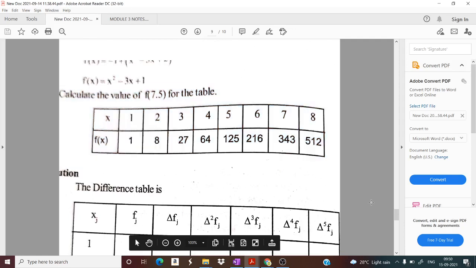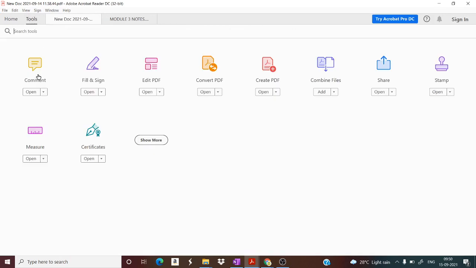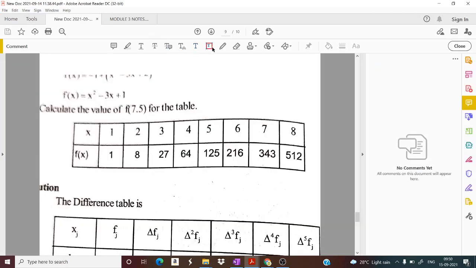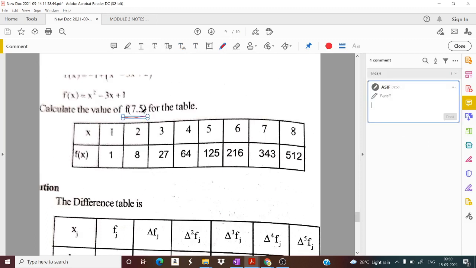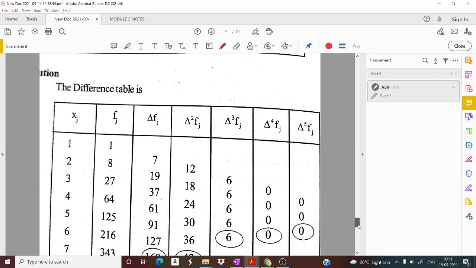Okay, so in this problem, listen here, calculate the value at 7.5 from the table. So 7.5 is here nearer to xn, right? So we will use backward difference formula. So now we will find the table.